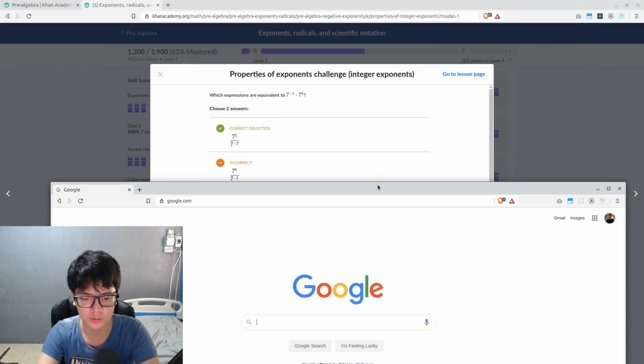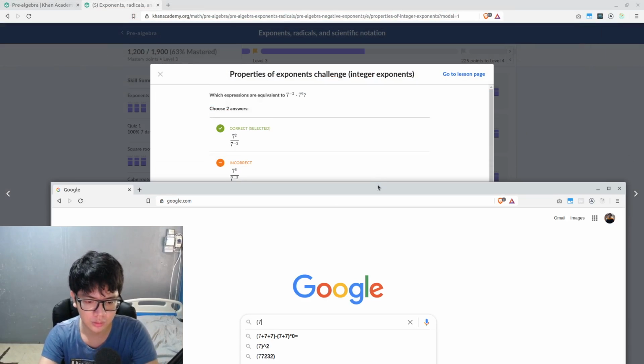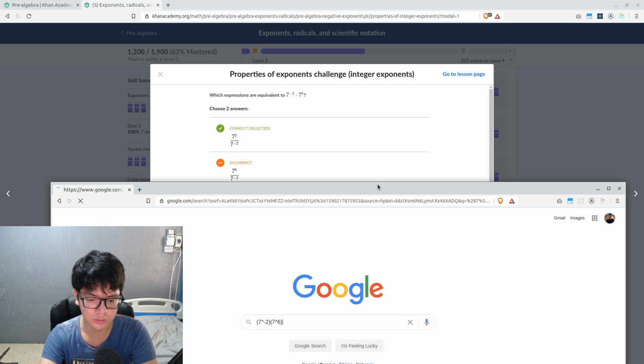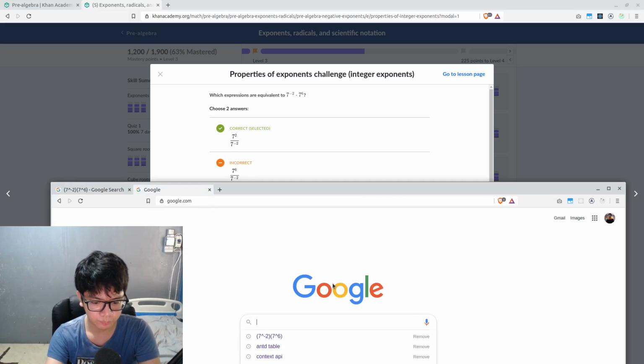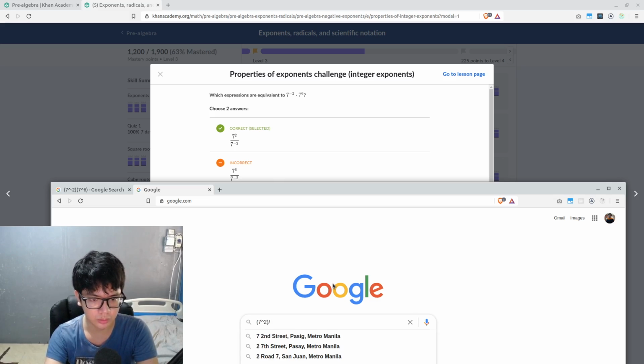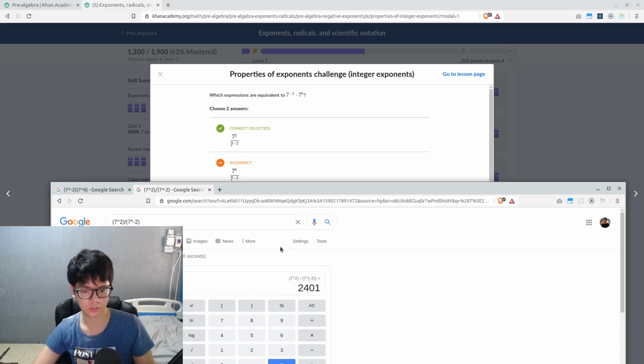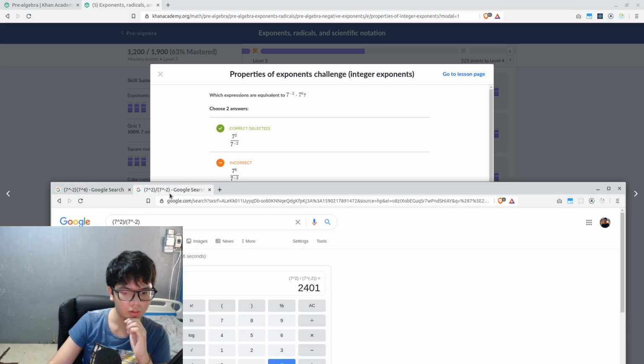Let's see the actual result of this. 7 raised to 2 times 7 raised to 6. Got 2 over 1. Now let's try 6. 7 raised to 2 over 7. What the heck?